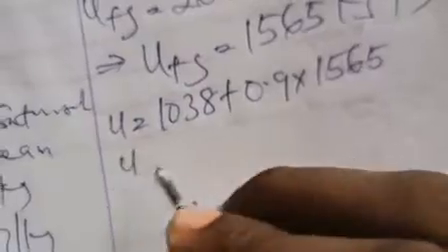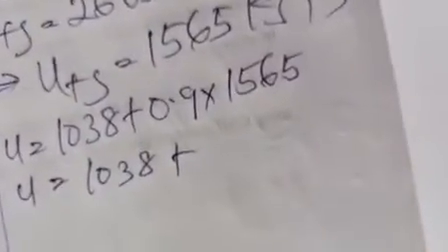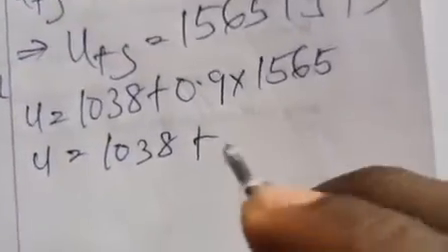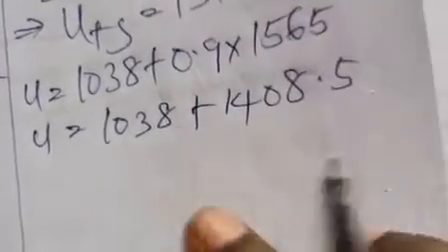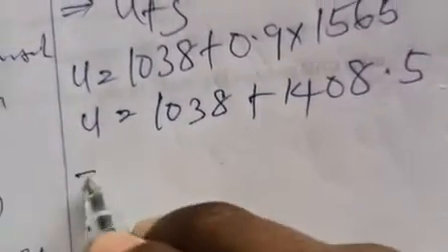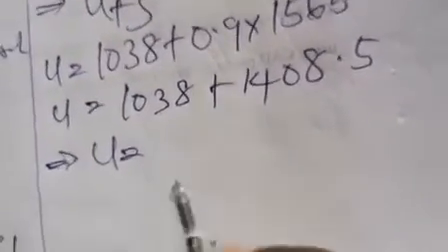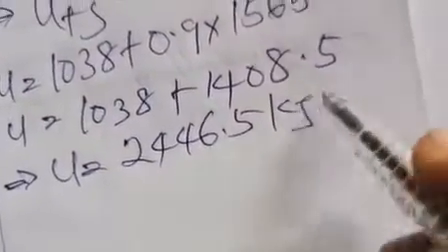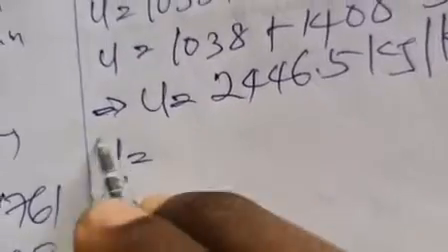So U is equal to 1038 plus 0.9 times 1565. We have 1408.5. We'll add this up with 1038. So this implies specific internal energy U is equal to 2446.5 kilojoules per kilogram.